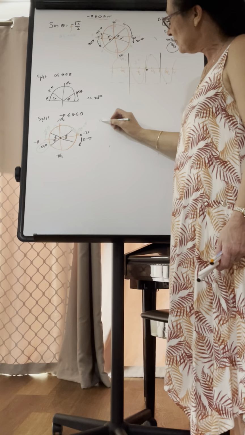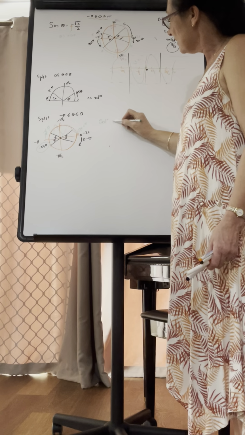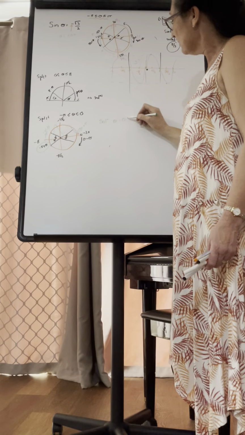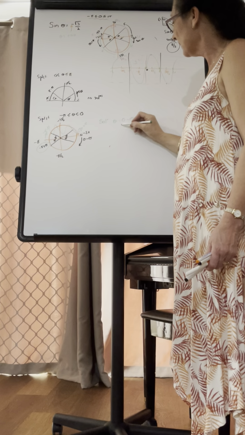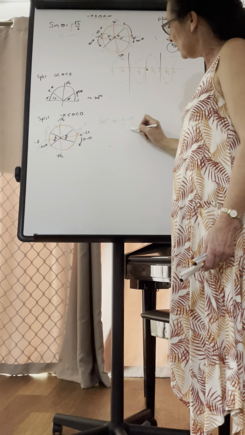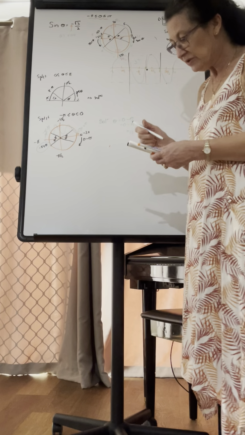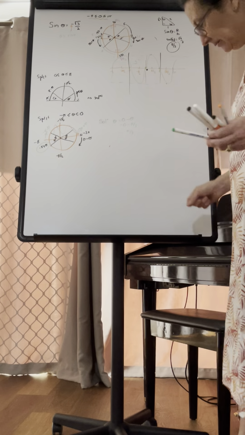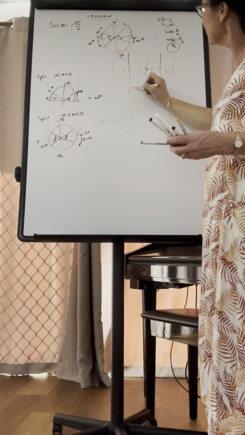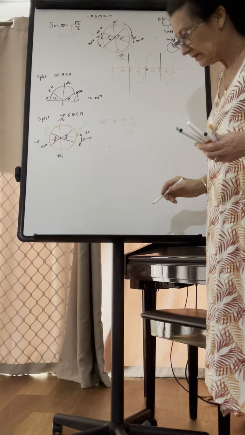So the solutions will be theta is equal to, now we'll do this one first, 0 minus theta, and that was pi over 3, so minus pi over 3. And we do have another solution. If you have a look here, that's minus 1.